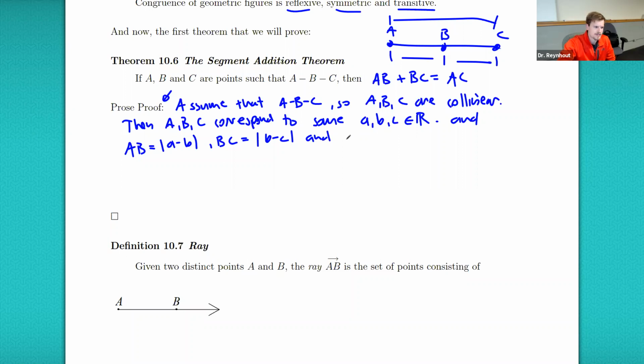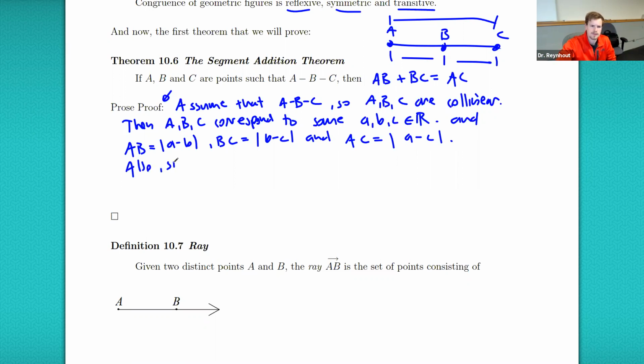And the distance from point A to point C is equal to the distance from real number a to real number c. So we're taking the distance in the plane and we're reducing it to distances that we're familiar with. All right.